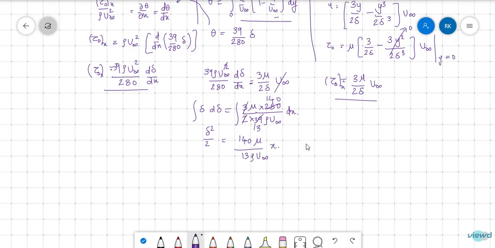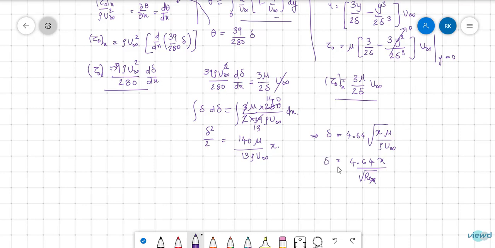Now if you solve this, we will be getting delta is equal to 4.64 under root of x into mu by rho u infinity. This can be written as 4.64 x by root of Reynolds number at x.